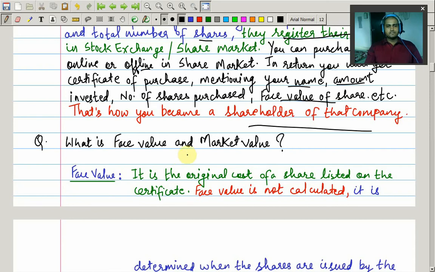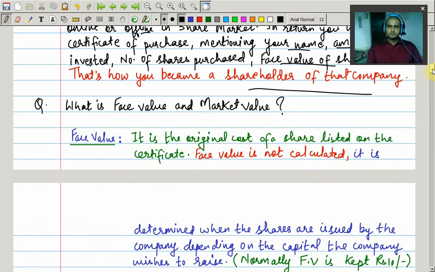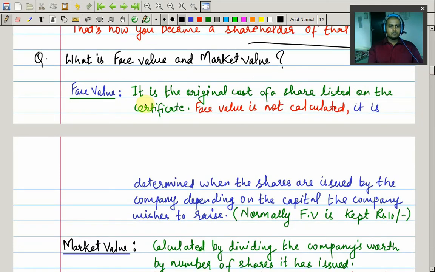What is face value and market value? We have already defined what we mean by face value. Still, let's see it again. It is the original cost of a share listed on the certificate. Face value is not calculated, it is decided. It is determined when shares are issued by the company, depending on the capital the company wishes to raise.